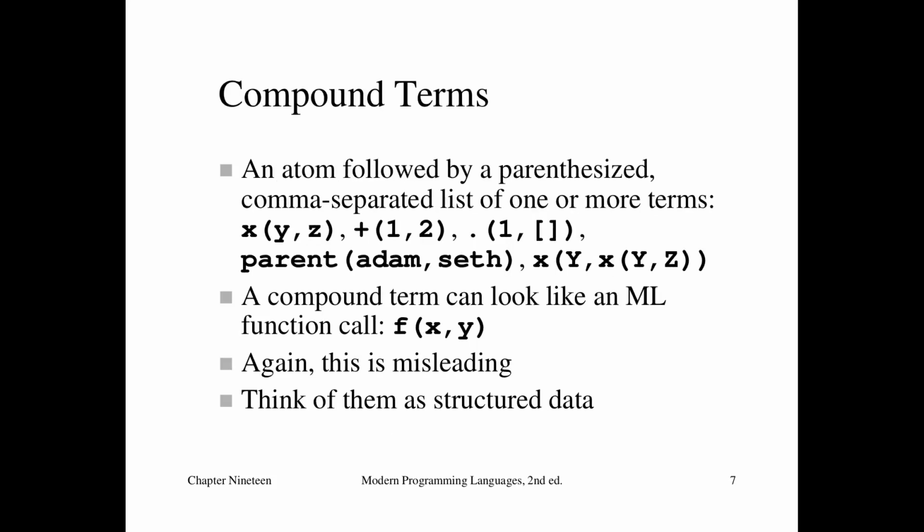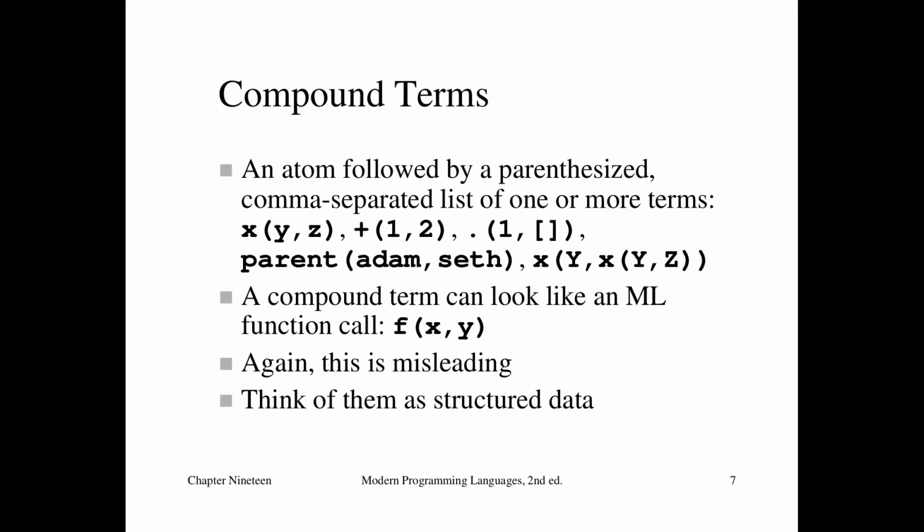Compound terms, on the other hand, are an atom followed by a parenthesized comma-separated list of one or more terms. As we see here, we have the atom X, and then in parentheses, the atoms Y and Z separated by commas. We also see plus(1, 2), and dot(1, []). So as we can see, it's a very simple definition for what a compound term is.